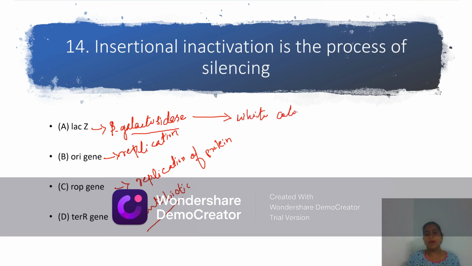Thus you are identifying the transformants as well as the non-transformants. Understand? So what is the correct answer? lac-Z. Insertional inactivation: into the lac-Z gene you are inserting the foreign DNA and inactivating the action of that gene to identify the transformant colonies. Fine.